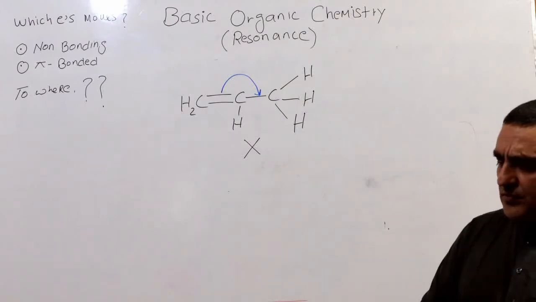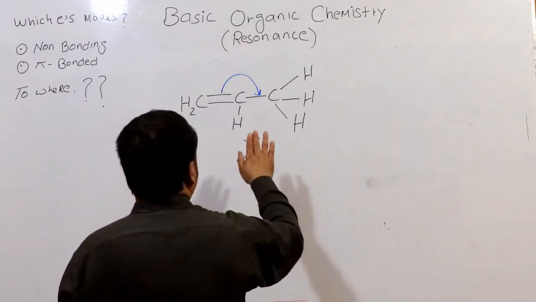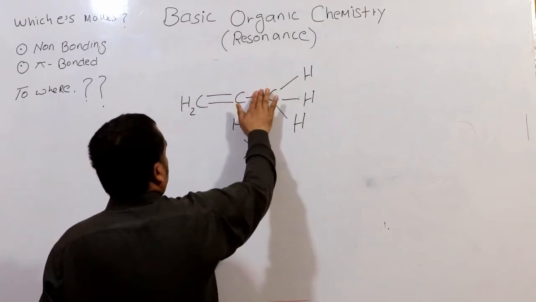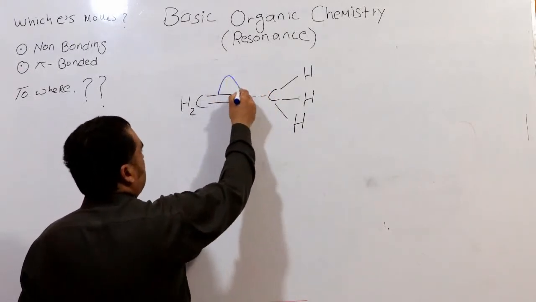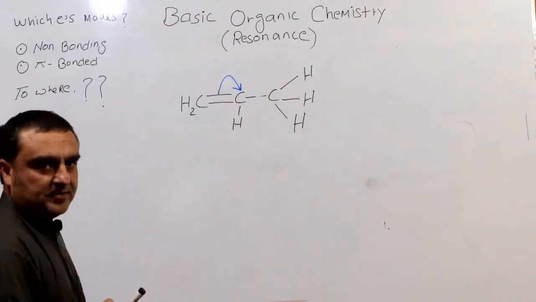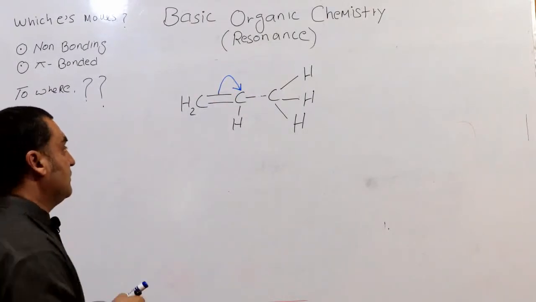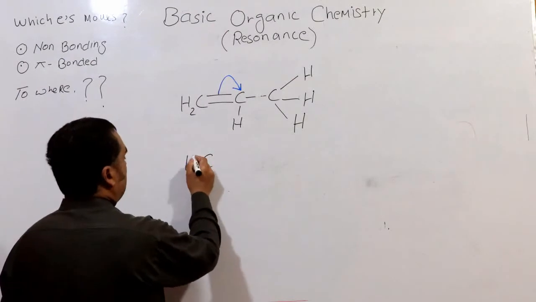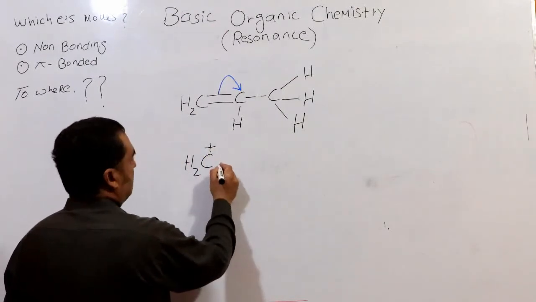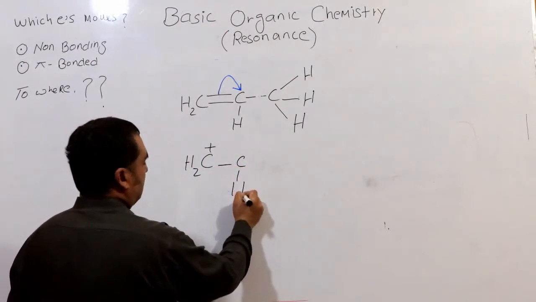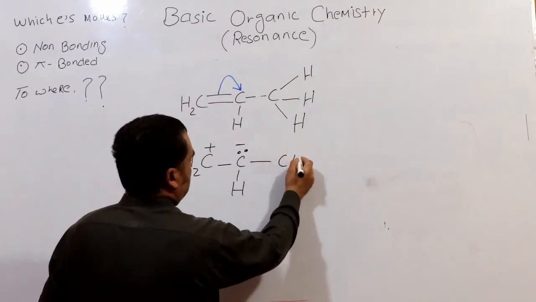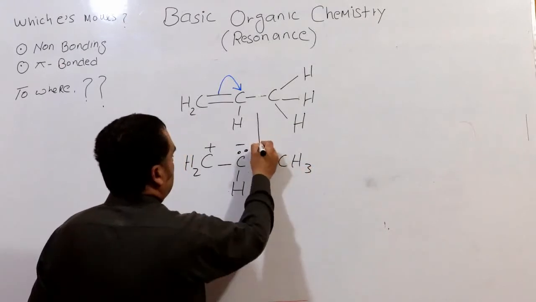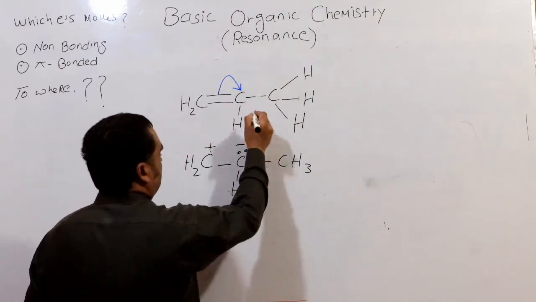The only resonance form which is possible in this molecule is that these electrons can come here and sit on this carbon. We still don't know what will happen. Okay, plus, and why I am doing this, you will understand after a while. Now this is the CH3. This is the arrow of resonance.